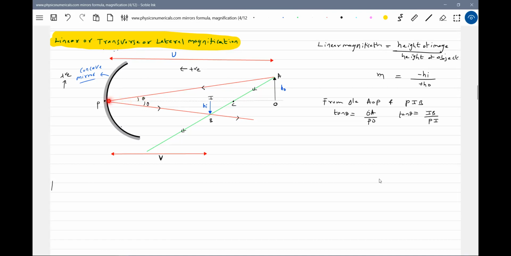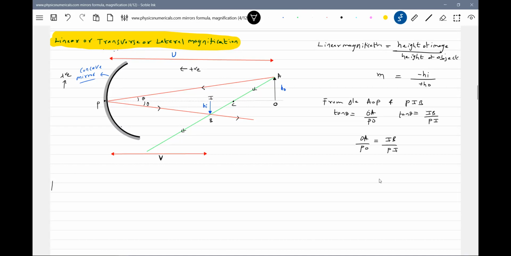From the laws of reflection, because the principal axis will become like a normal at the pole, so the angle of incidence should be equal to the angle of reflection. Then equating these two, OA by PO is equal to IB by PI.